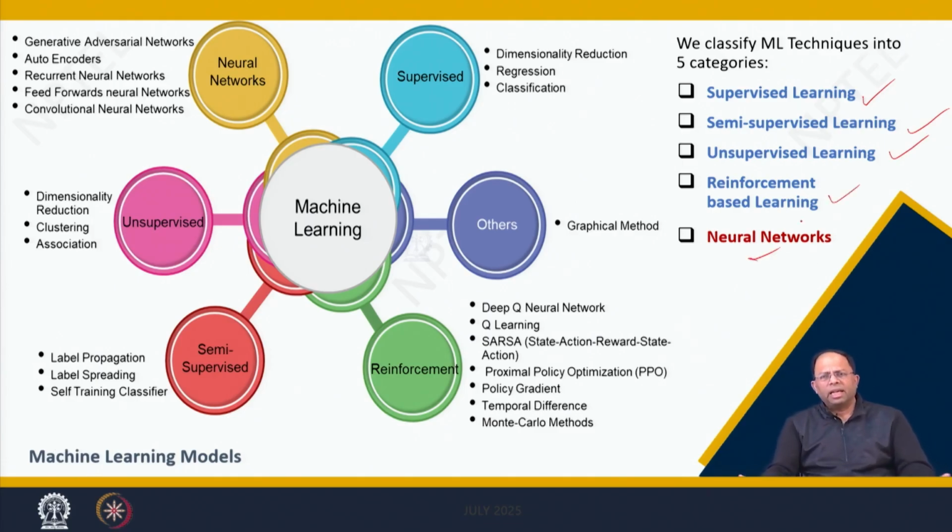Neural networks, as we have discussed, pan across all these different groups, but we will give some separate examples of this. Now, on the other side, what you see is a more interesting representation of how these are all related.